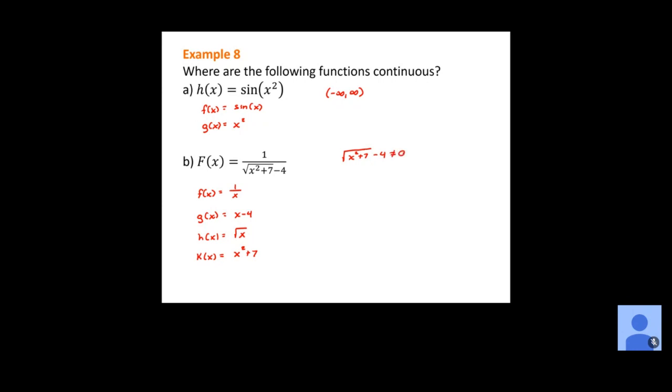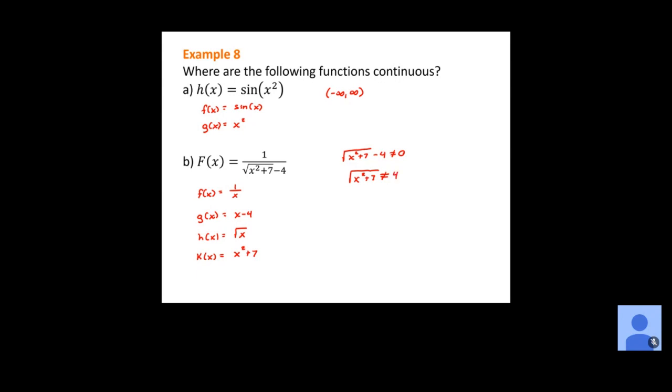How are we going to solve that now? Okay, good. We move the 4 over, so that's going to give us square root x squared plus 7 cannot be equal to positive 4.